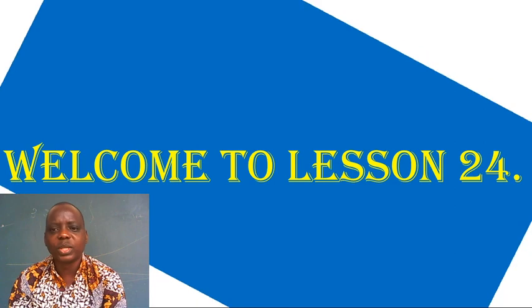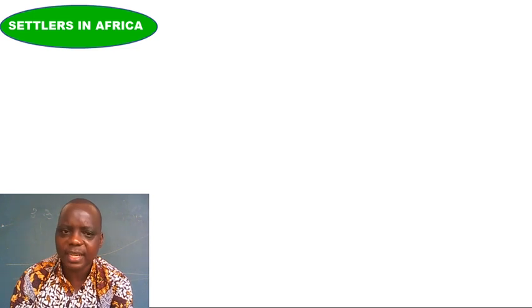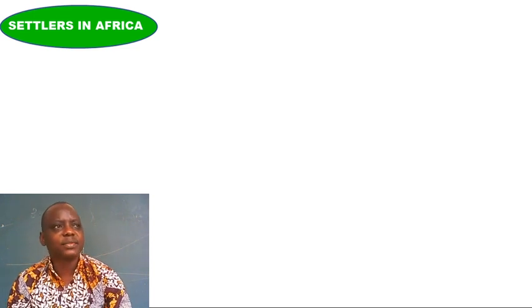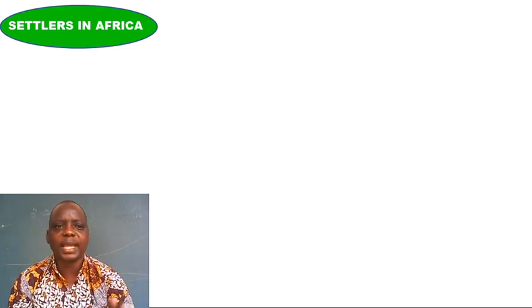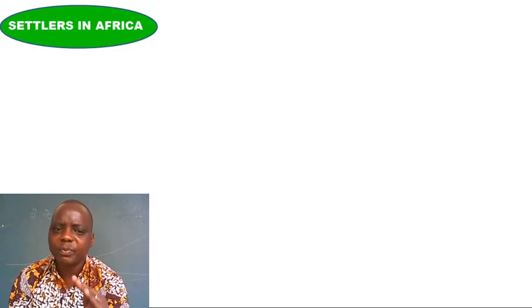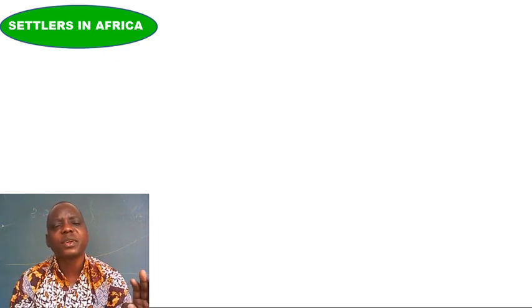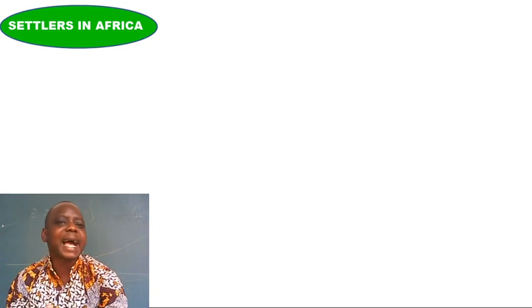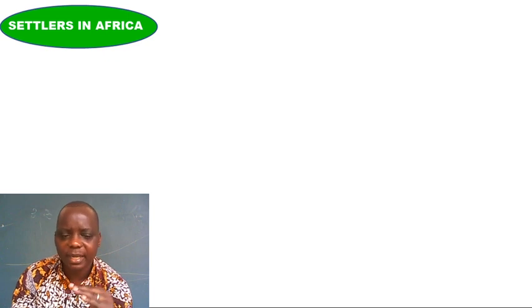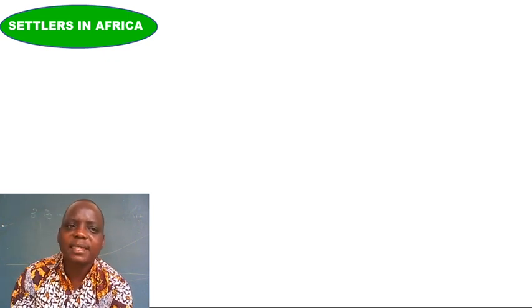In our lesson 24, we are basically going to look at settlers in Africa. When we talk of settlers in Africa, we are not looking at the indigenous Africans who are living in Africa, but at those people who came from other continents and established a permanent stay in Africa.